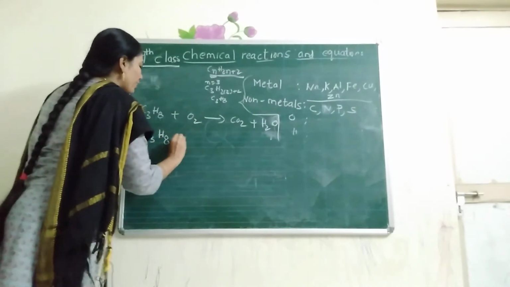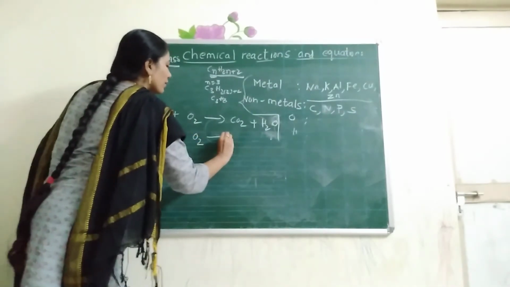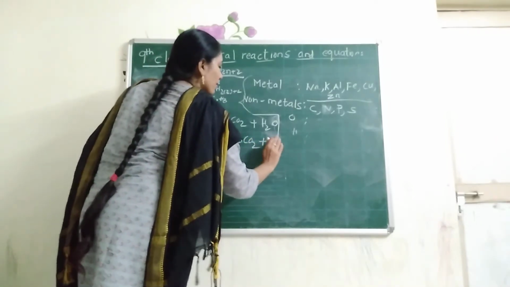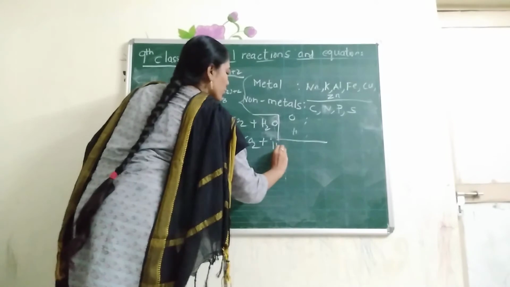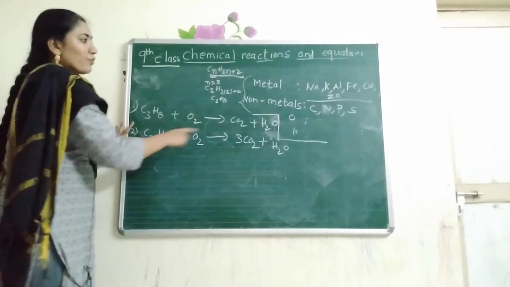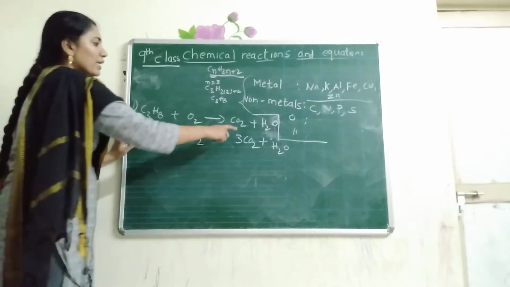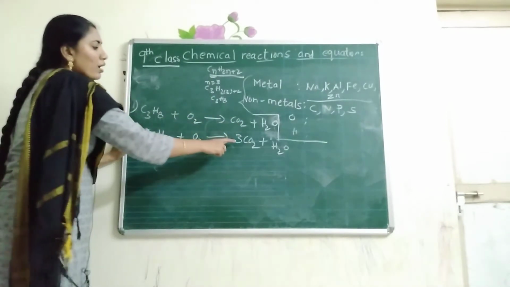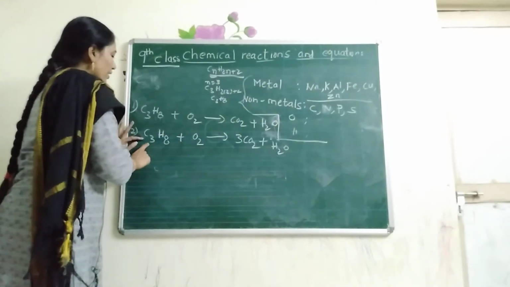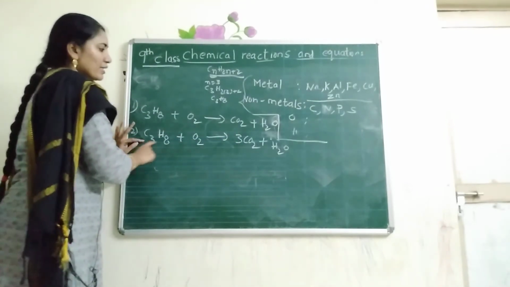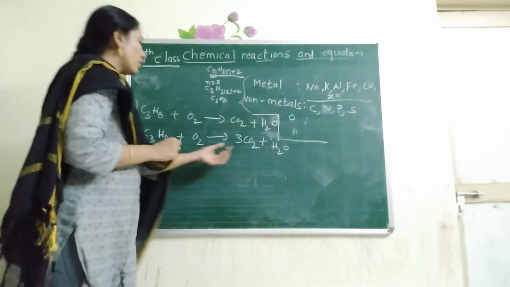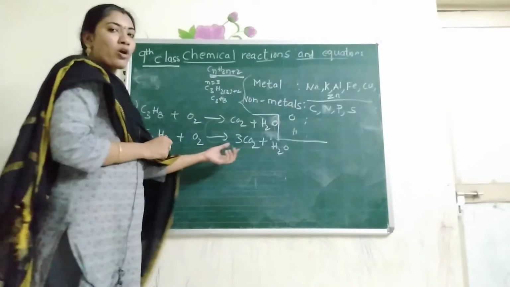C3H8 plus O2 gives rise to 3CO2 plus H2O, isn't it? Here 3 carbons are there. So first of all we have to balance carbons. On the product side there is 1 carbon, so I put the coefficient 3 here. So the number of carbon atoms on the reactant side is equal to the number of carbons on the product side, isn't it?